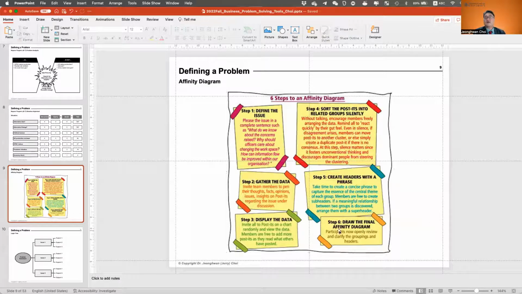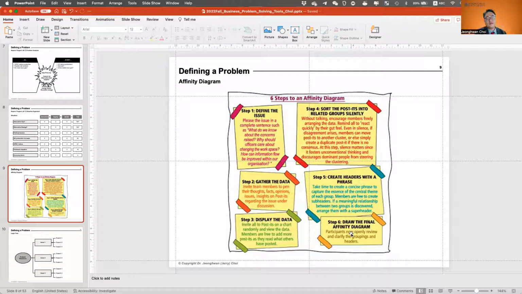Then we draw the final affinity diagram, group and count, and see what is most important. If we have the largest number of post-its, that must be the most commonly acceptable agenda. Then we choose one or two agenda to elaborate more.